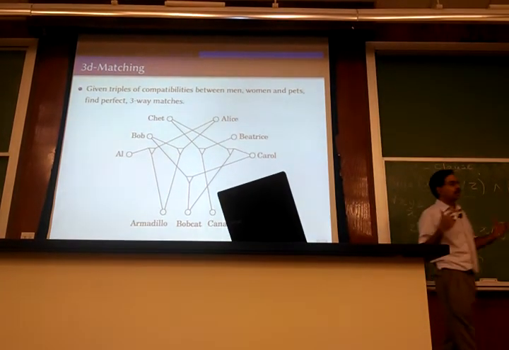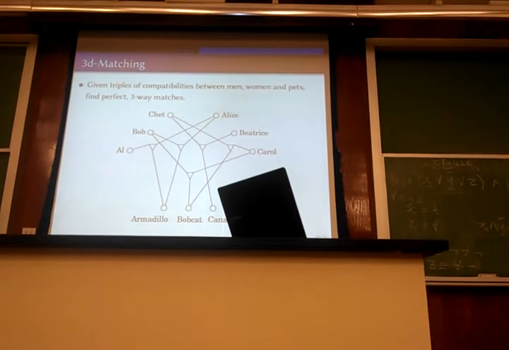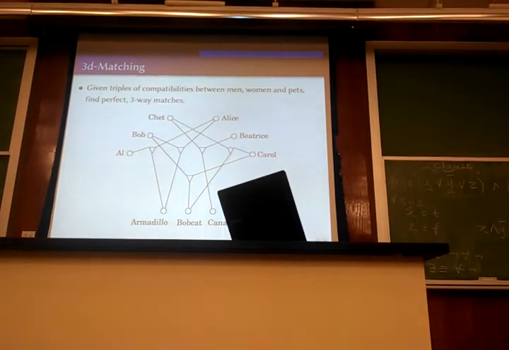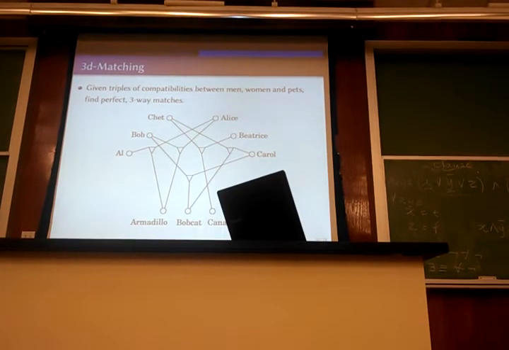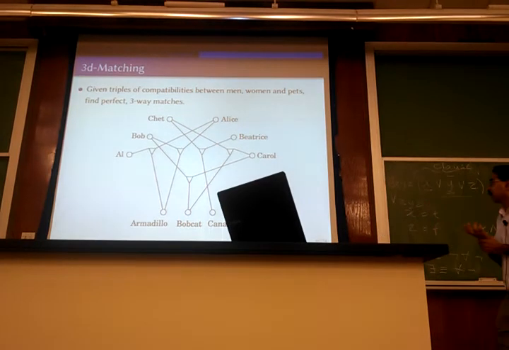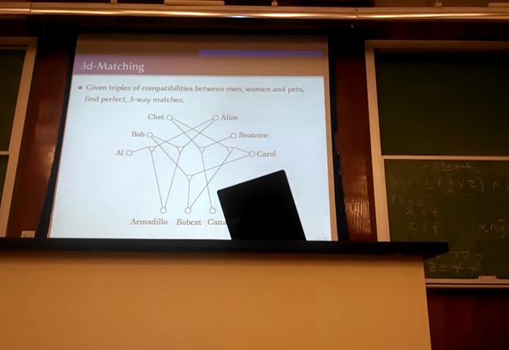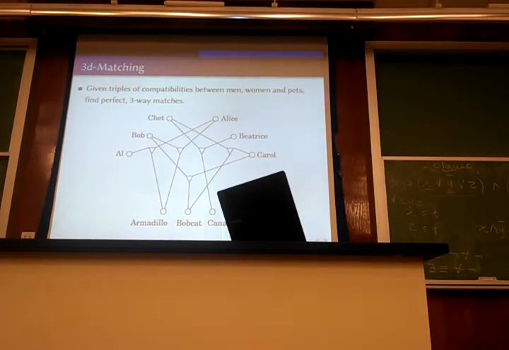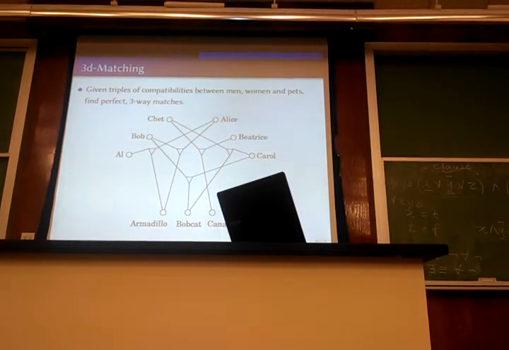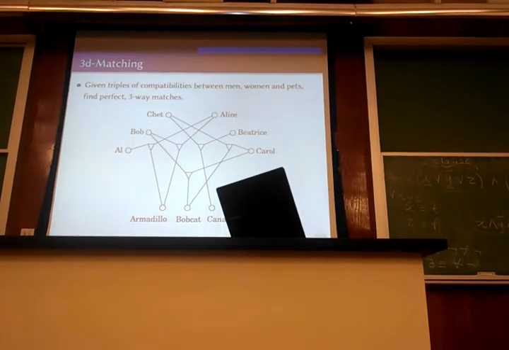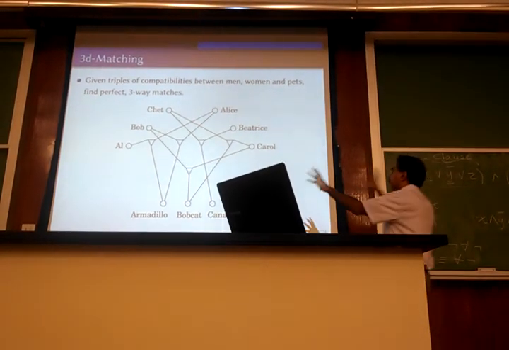Okay, so now in 3D matching, you need to find perfect three-way matches. Okay, so each man can be paired with multiple women and multiple pets, and the same way with each woman. And the question is, can you find a way of finding a suitable match for everyone so that everybody is matched, right?